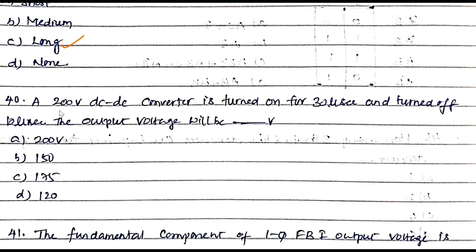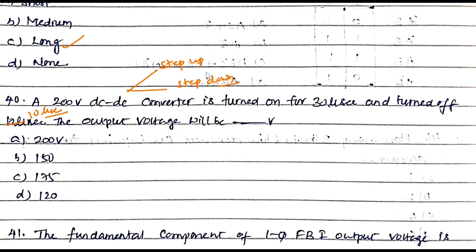A 200 volts DC to DC converter is turned on for 30 microseconds and turned off for 10 microseconds. The output voltage will be... So here in the question, the examiner didn't specify what type of converter it is. So there are two options here we have: one is step up, second one is step down.